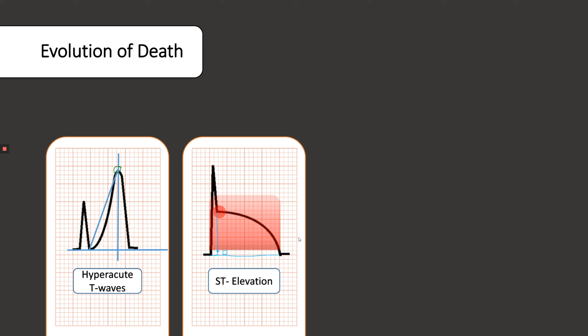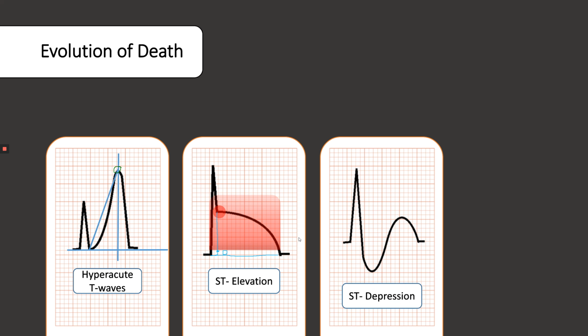So there's ST elevation. Now, one of the other things you may see is ST depression. I'm not showing these in any particular order. You may see ST depression first and then ST elevation, which is a very common progression of things. But for ST elevation, in order to find it or count it, I use the J point as my reference and I compare to the isoelectric line.